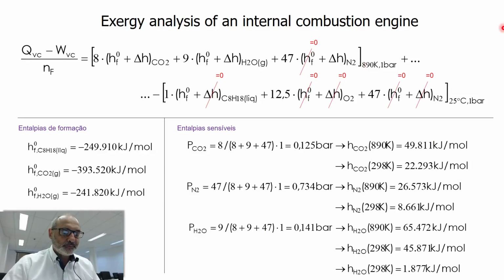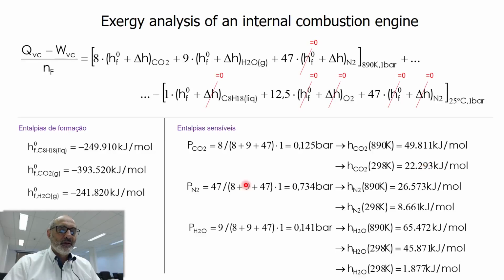So 8 divided by 8 plus 9 plus 47 is the molar concentration of CO2, times 1 gives 0.125 bar, which is the partial pressure of CO2.